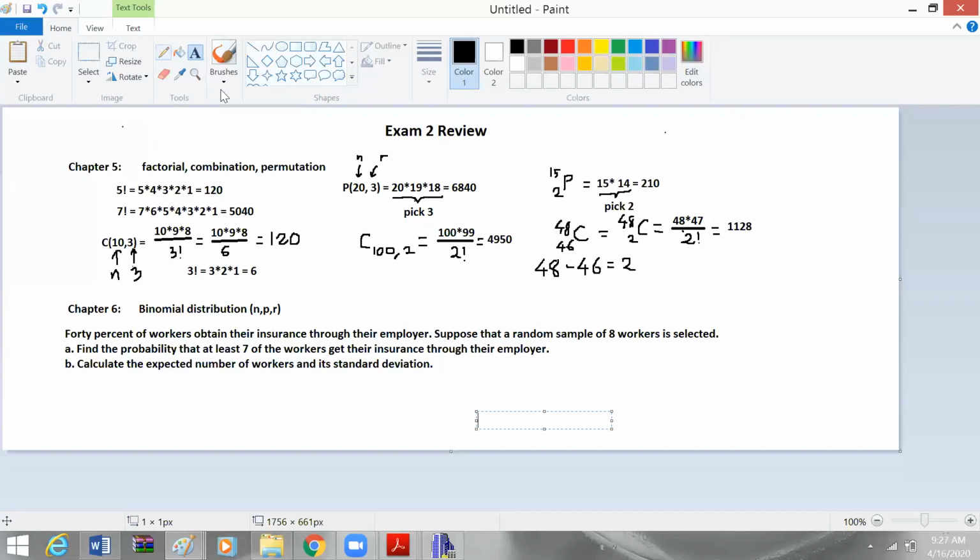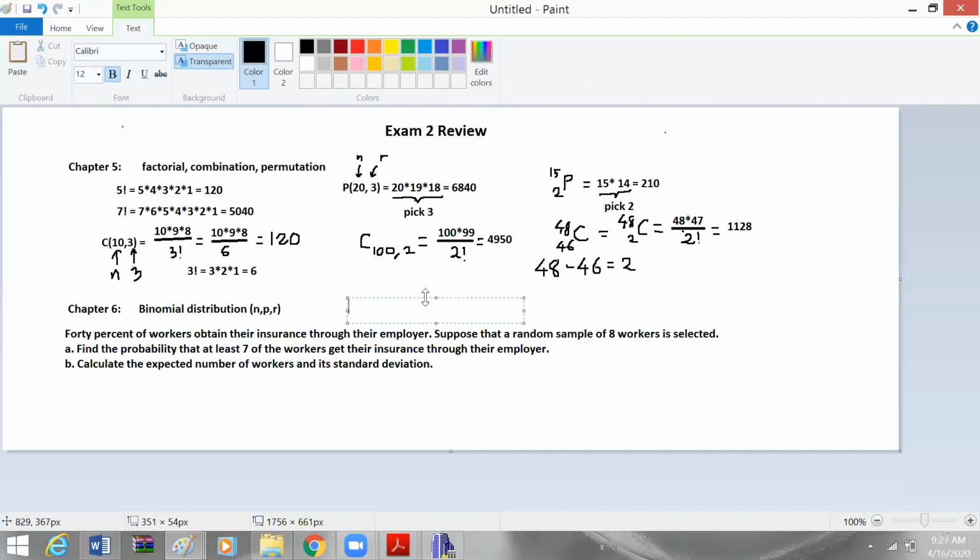The question at the very beginning gives N and P. The N is always in terms of the whole number, and the P is in terms of the percentage, or usually a decimal number.